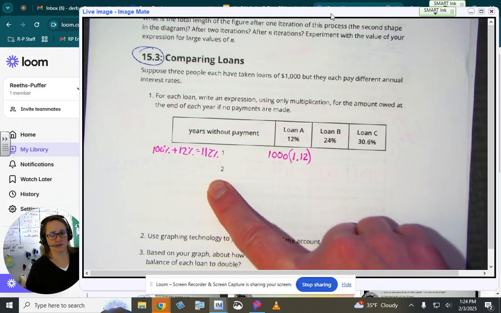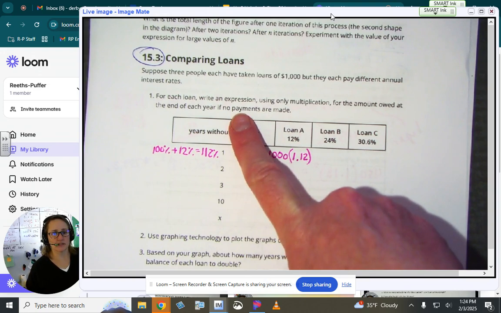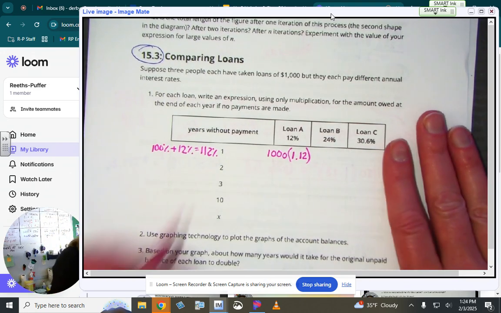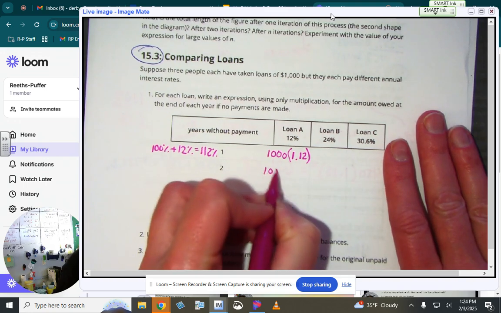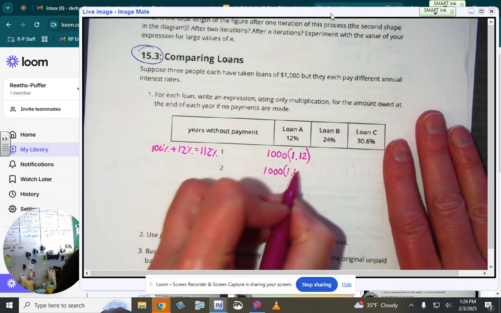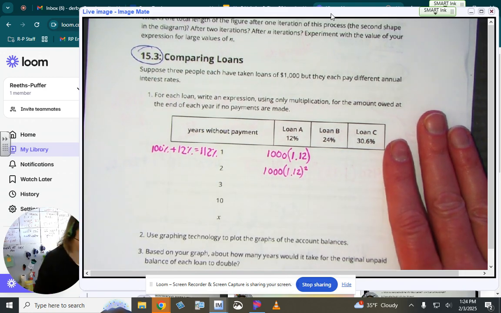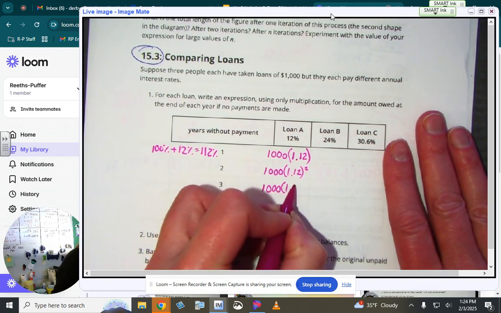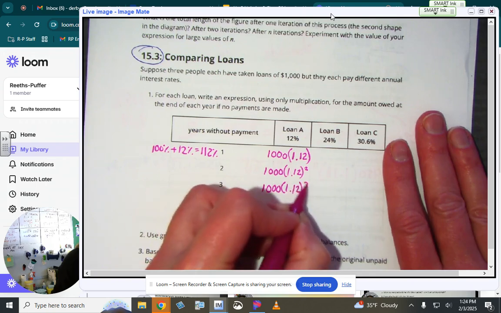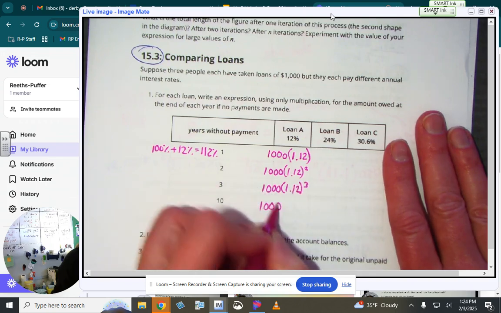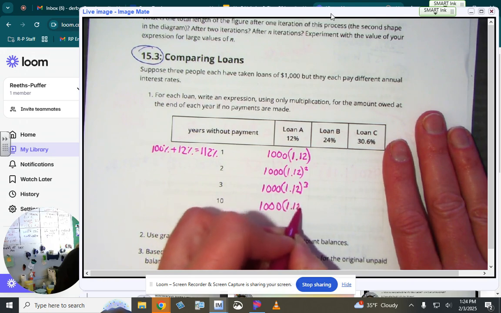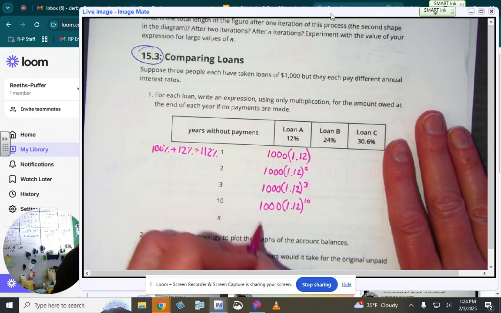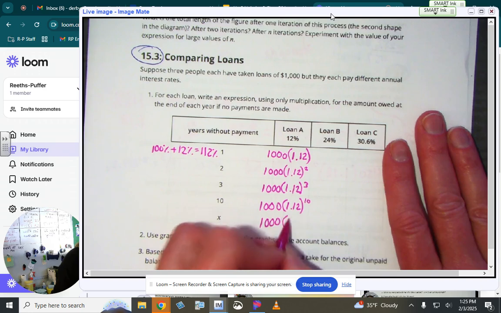If I want to do that for 2 years, this one just says write an expression. It doesn't say to actually calculate, okay? So I'm just going to keep that in mind. Same loan after 2 years. Same loan after 3 years. Same loan after 10 years. And then we can, of course, do that for any number of years.